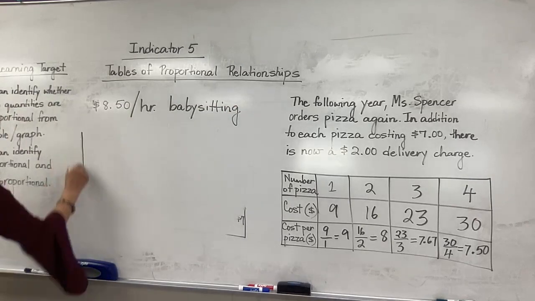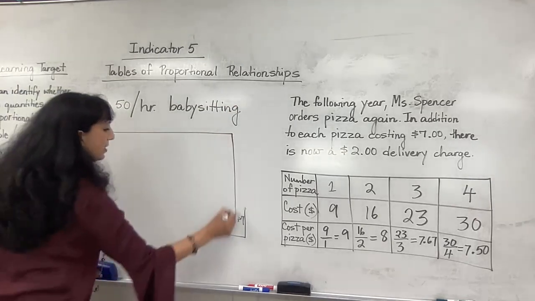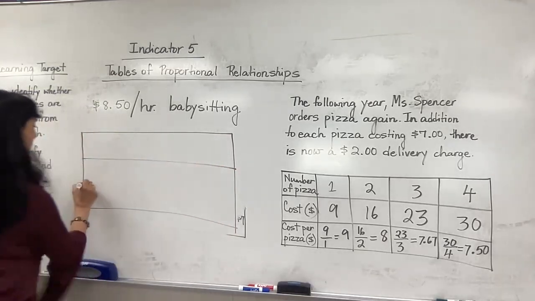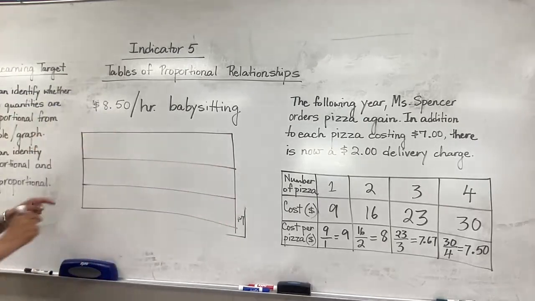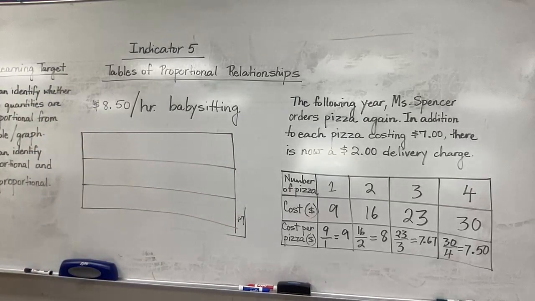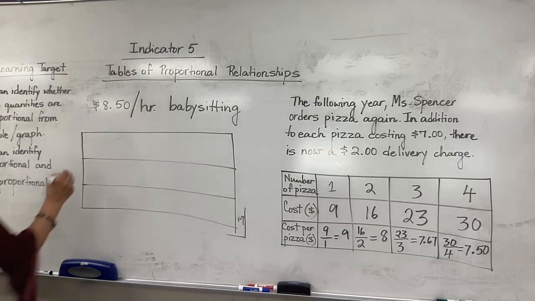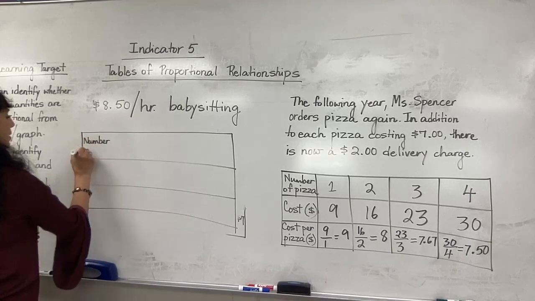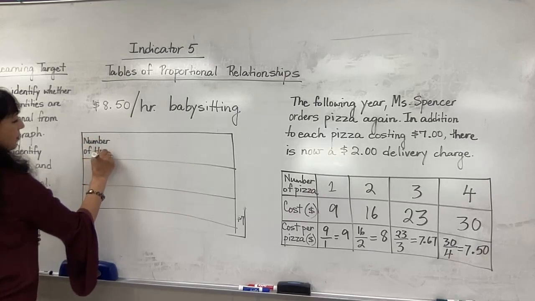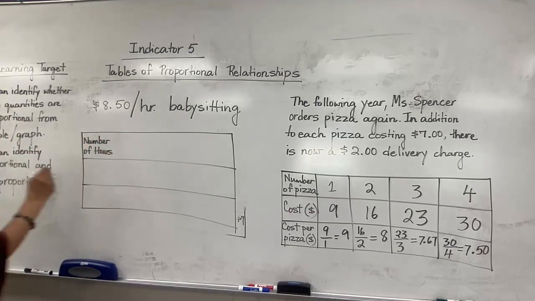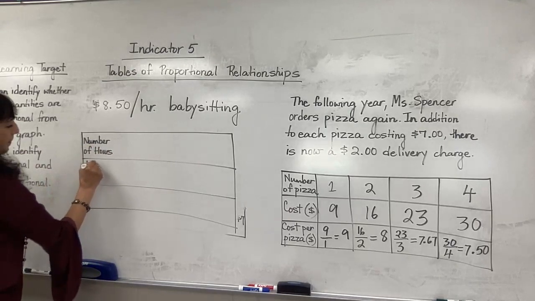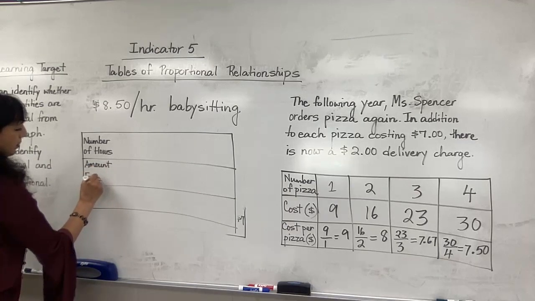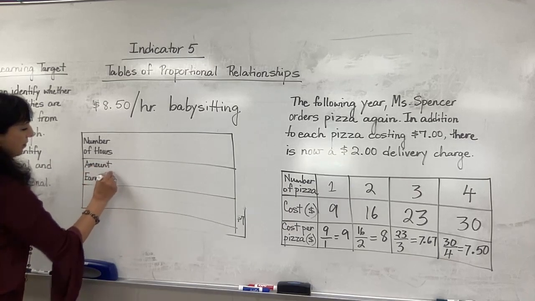So I am going to make my same table. All right, and I'm also going to put one for the unit rate for this one. Okay, so number of hours, amount earned, and this is dollars.